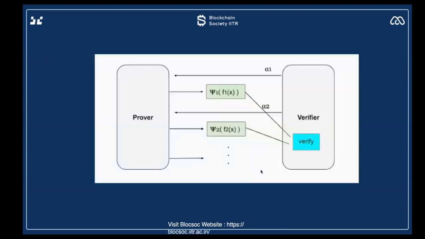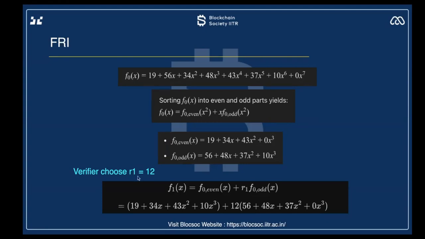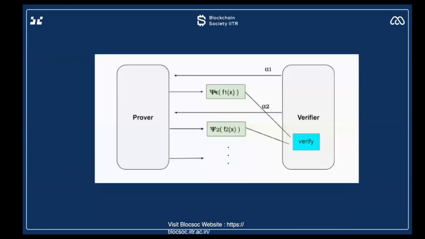The process is diagrammatically depicted here. The verifier generates a random number alpha 1, equal to r1, and then the prover generates f1 here, and the verifier again gives a random number alpha 2, and the prover again generates f2 here, until the prover is able to generate a constant polynomial.